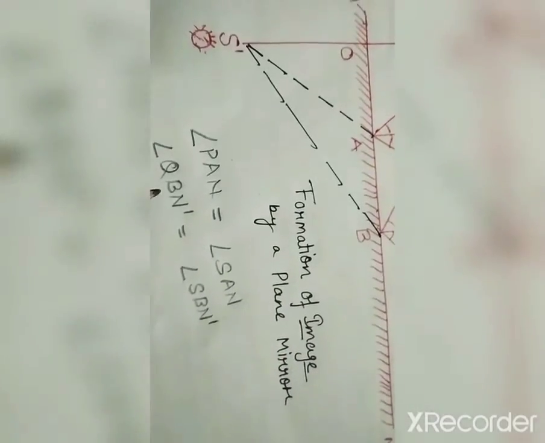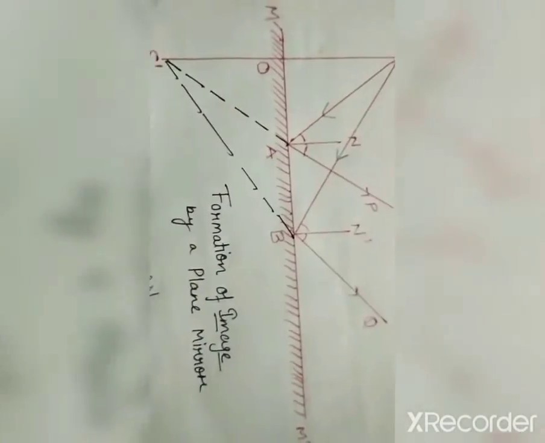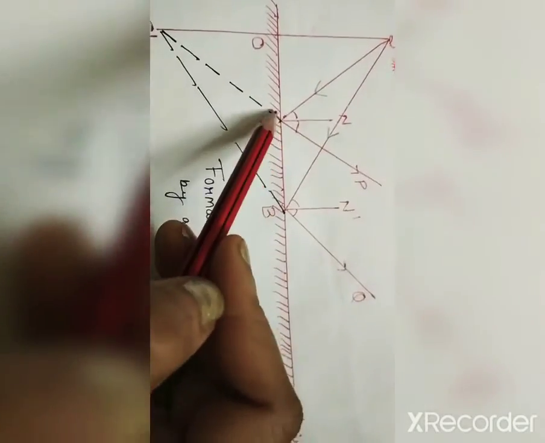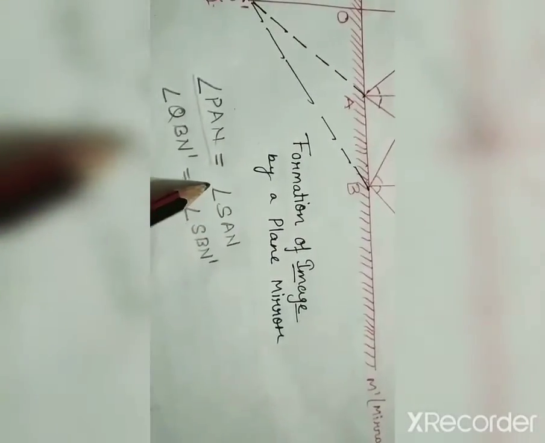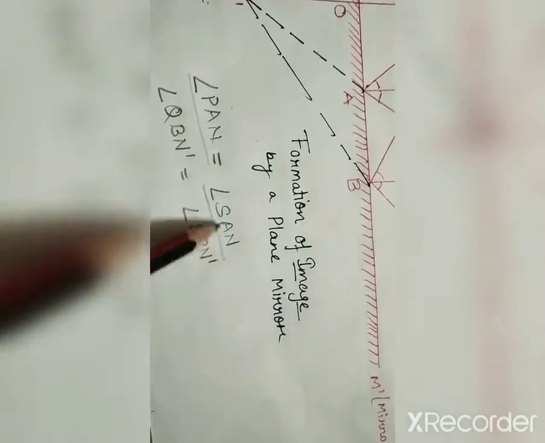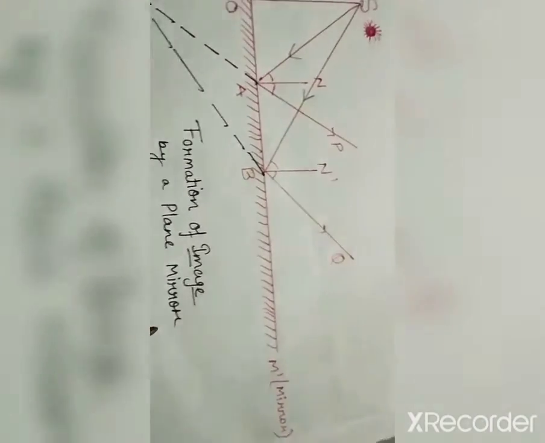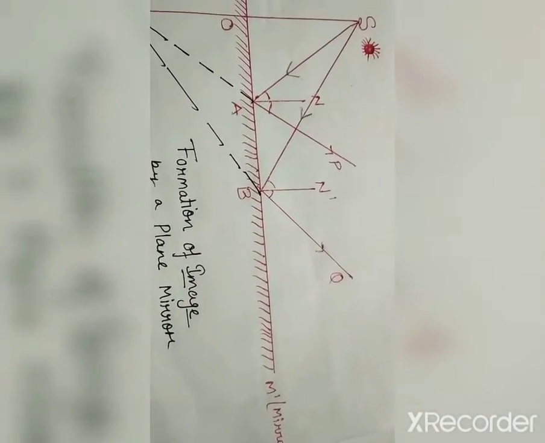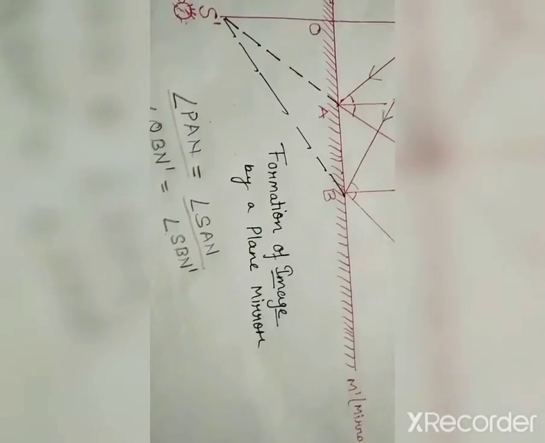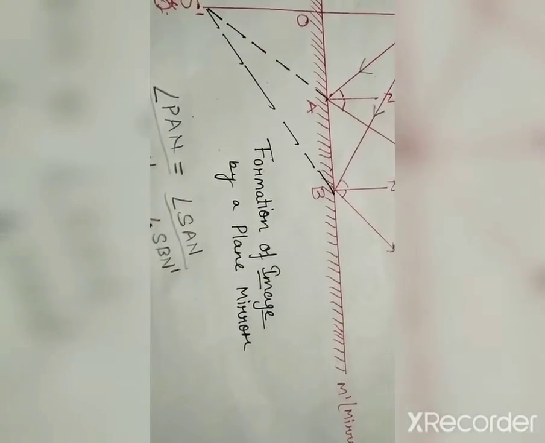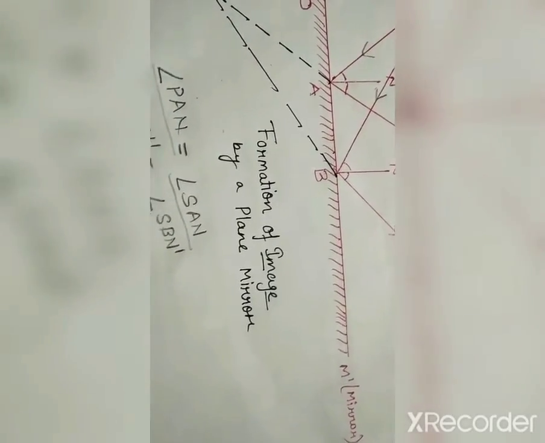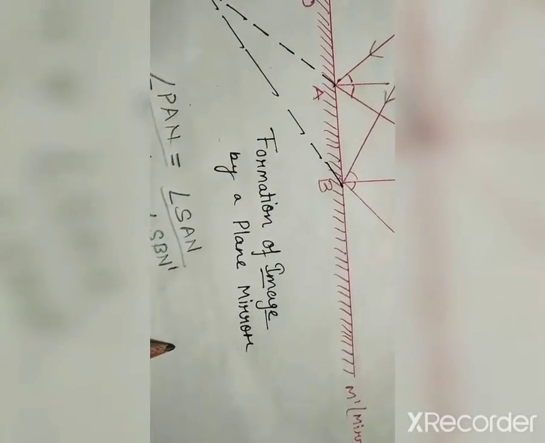So here the reflected angle PAN will be equal to the incident angle SAN, and the same in the case of the second ray, QBN dash will be equal to the angle SBN dash.